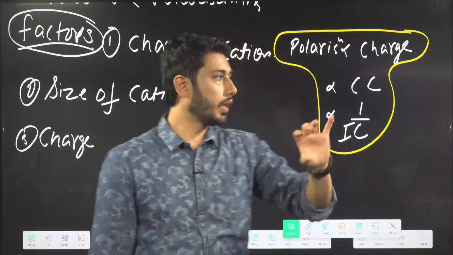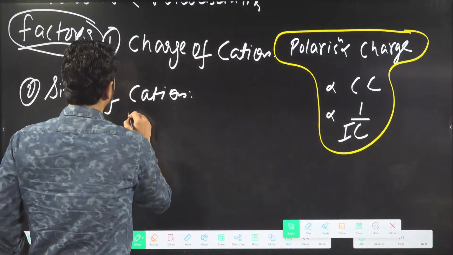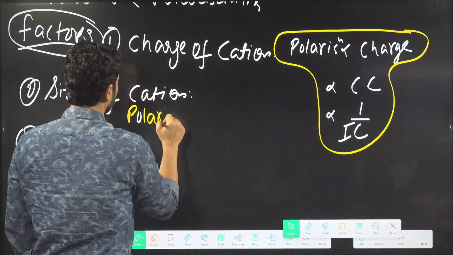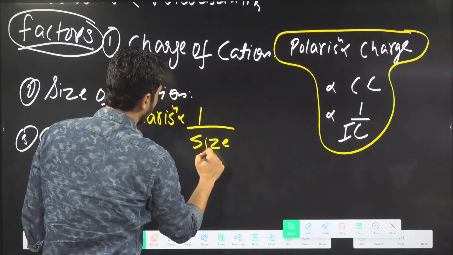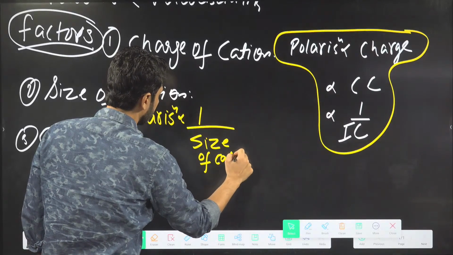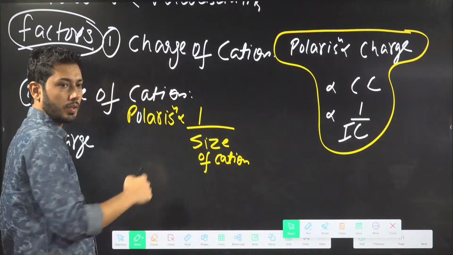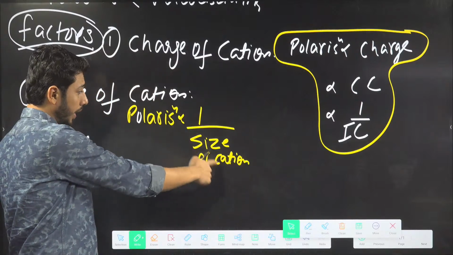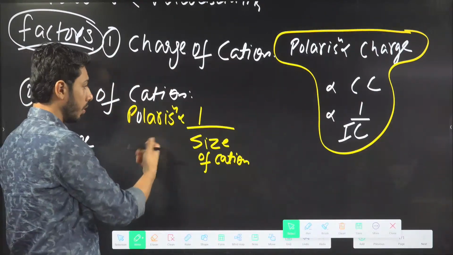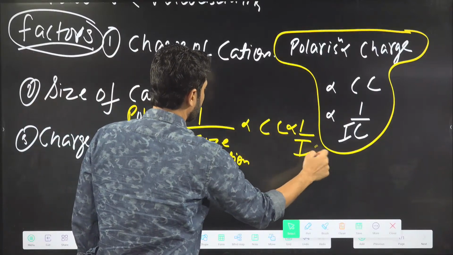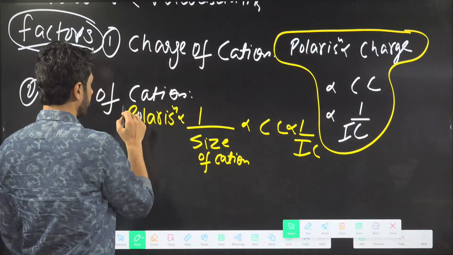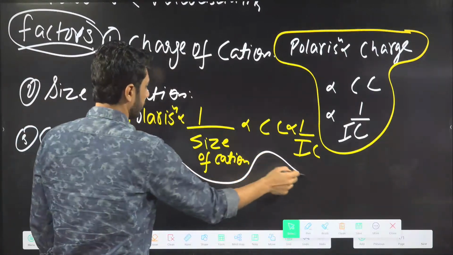So all that story precisely you can mention here. Polarization is inversely proportional to the size of cation. Smaller the size of the cation, more polarization. Or you can say directly proportional to covalent character, inversely proportional to ionic character.